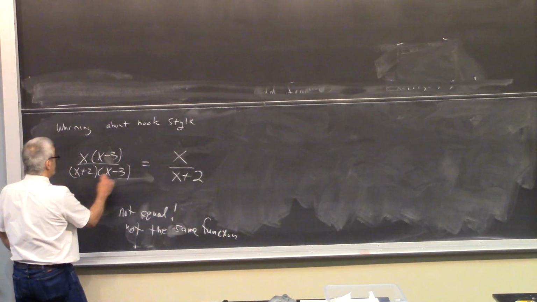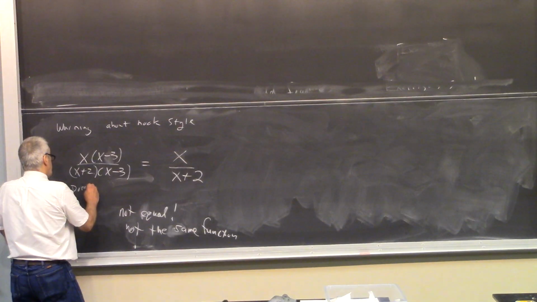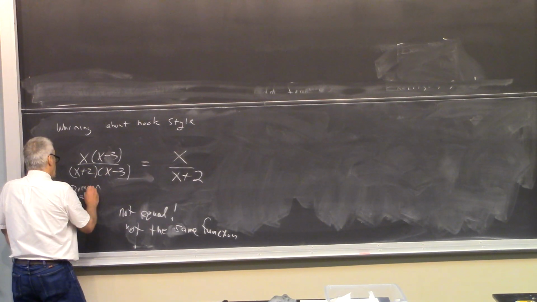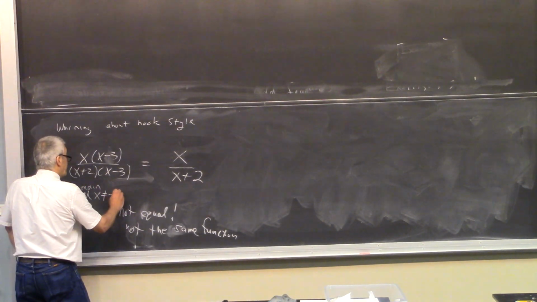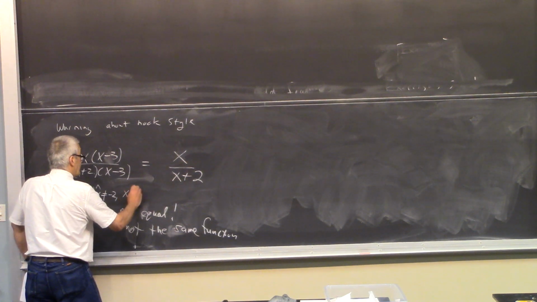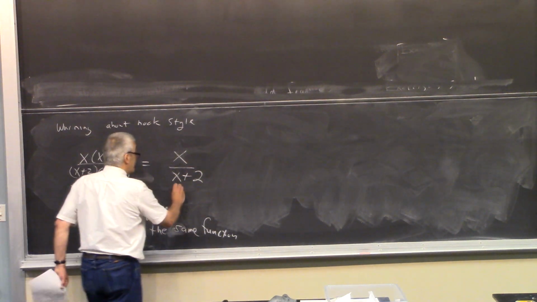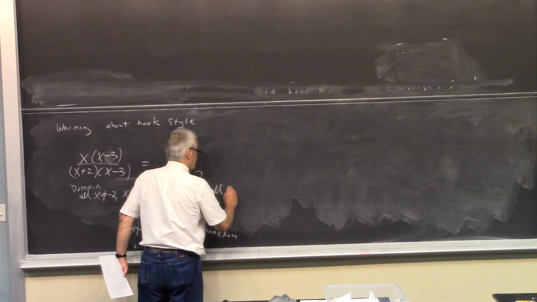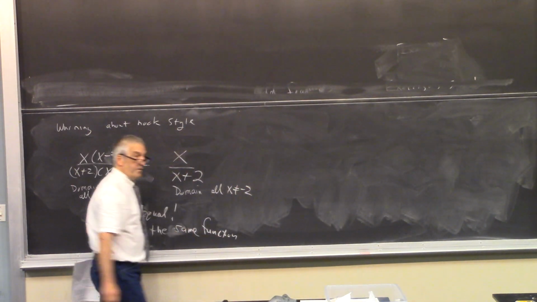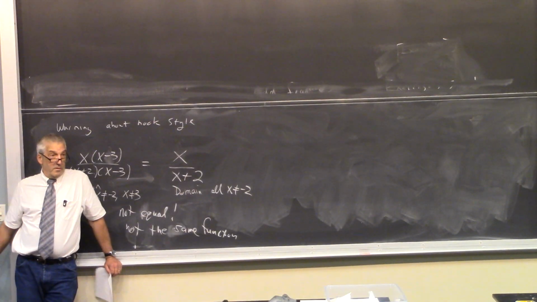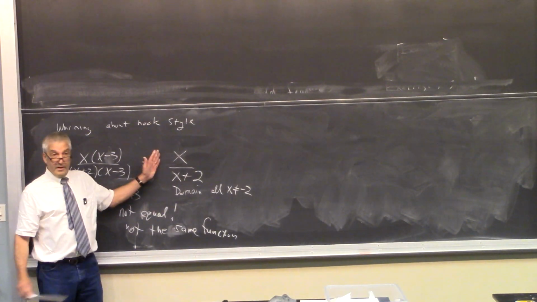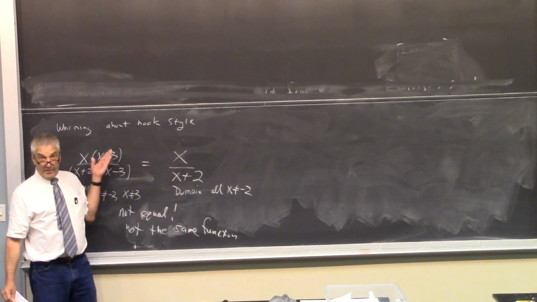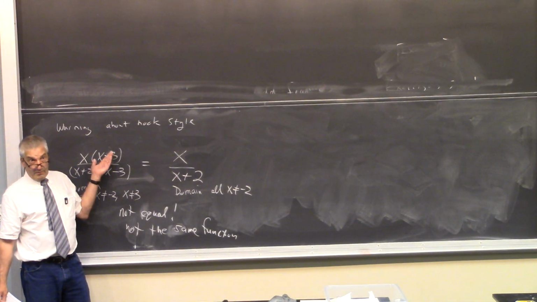The domain of this function is all x that are not equal to negative 2 and x not equal to 3. The domain on the right side is all x that are not equal to negative 2. These two functions are not the same function. The right side of the equation, if I plug in a 3, I get a y value. The left side of the equation, if I plug in a 3, I don't get a y value. So they're not the same.